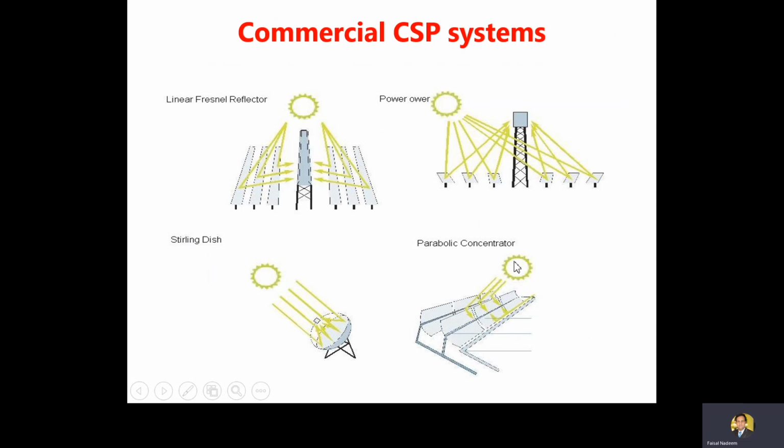The light from the sun is incident on these parabolic troughs, gets reflected back, and after reflection, it strikes this tube, which is right in between all these troughs.